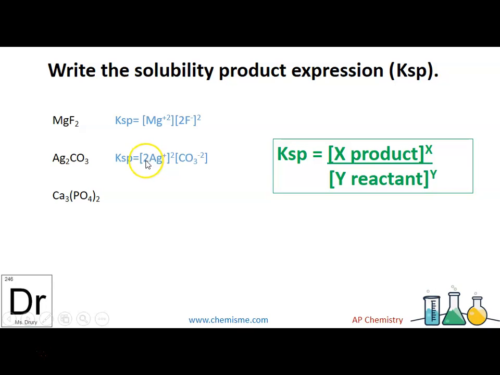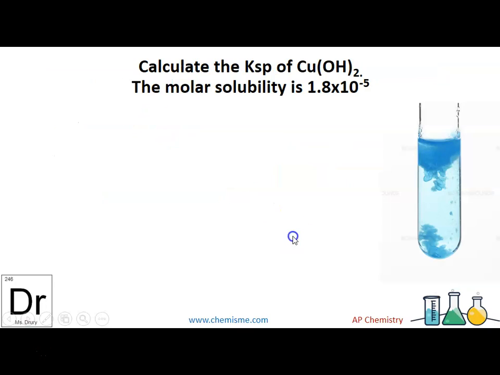Again, if you didn't write this coefficient of 2 here, that would be okay. And one more time, I would write 3 calcium ions cubed, because the 3 should match, times 2 phosphate ions squared, because those 2 should match. Again, if you don't have the coefficients there, that's okay, but the 3 and the 2 should be there, right? And you'll see why I'm putting these in a little bit.